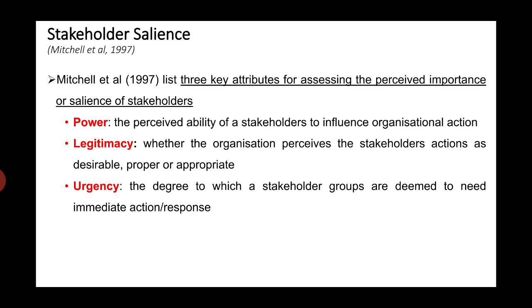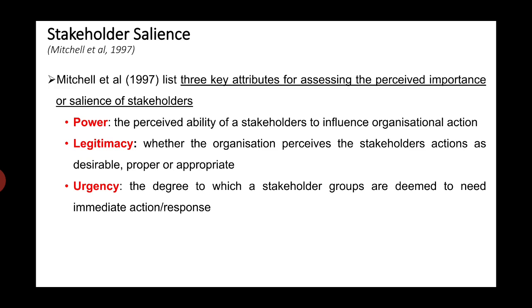Okay? So Mitchell in 1997 listed 3 important qualities for assessing or supporting the importance of stakeholders. According to the man who investigated and wrote this in 1997, there are 3 important things for assessing, knowing or recognizing the stakeholders.